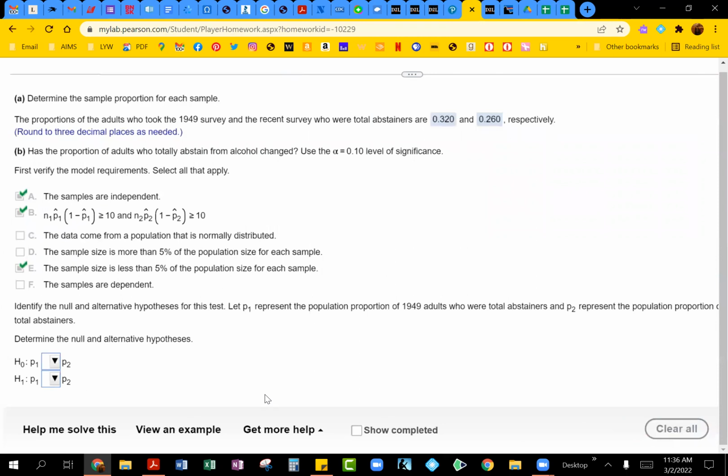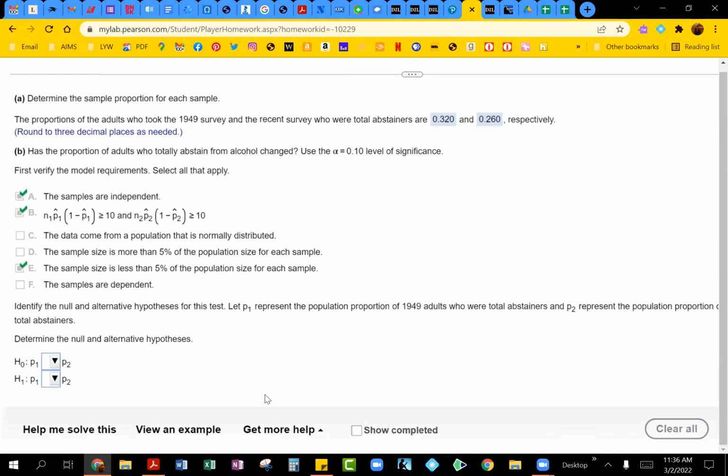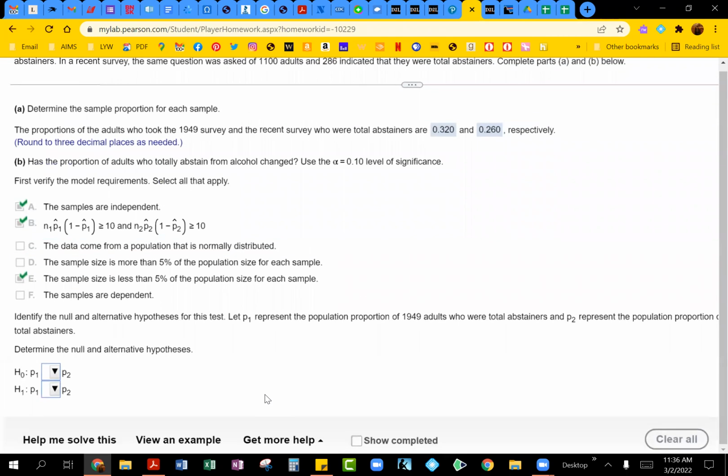So they're basically saying, okay, start out by identifying what your null and alternative hypotheses will be. P1 represents the population from 1949 who were total abstainers. P2, of course, represents the population of adults who were total abstainers from the recent survey. So here the question they're asking, and this actually tells us what kind of hypothesis testing we want to do.